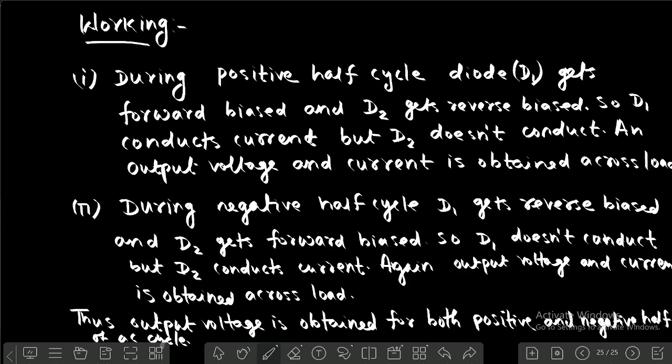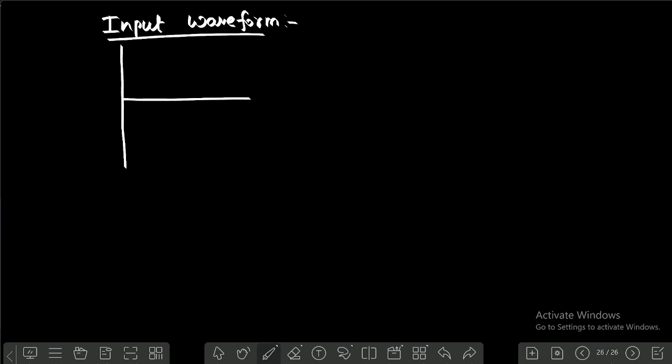Next is the input and output waveform. What is the input and output waveform? Listen here. Input AC or input waveform first, right? Draw a graph between voltage and current. Take a graph like this. Now the AC signal is like this one.